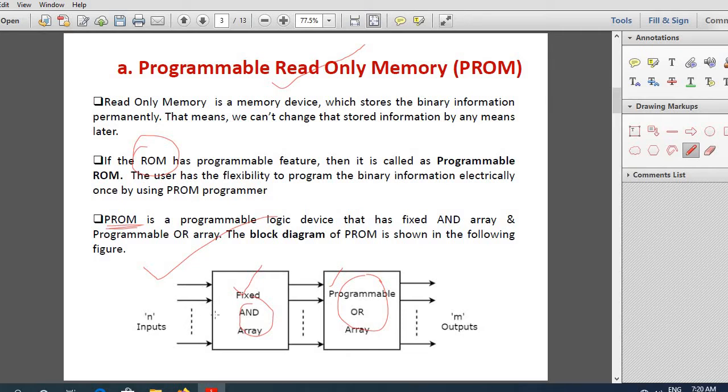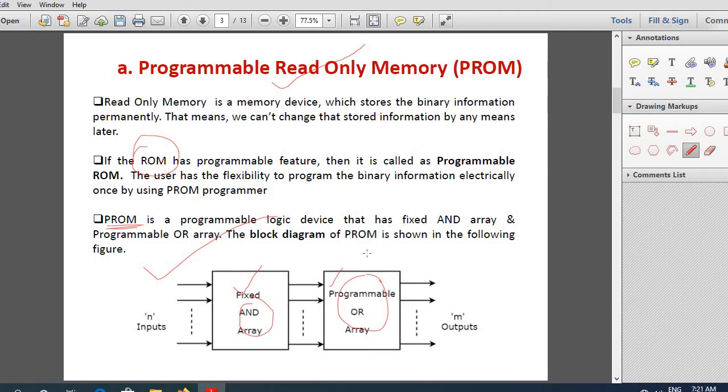So when A and B are available, say the first AND gate is producing AB, the second AND gate is producing A complement B. So these AB and A complement B will be available to each of the OR gates. Now you need a function which makes AB. So you need to connect only the first AND gate to the OR gate. But the second one is also available. You don't need that. So you can fuse the link between that second AND gate and the first OR gate.